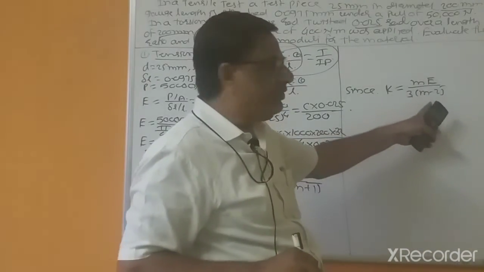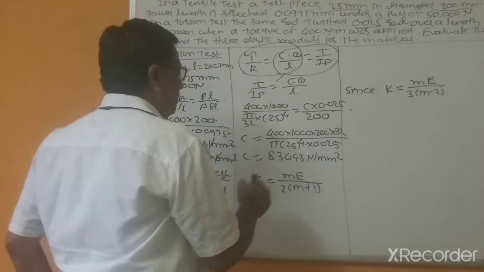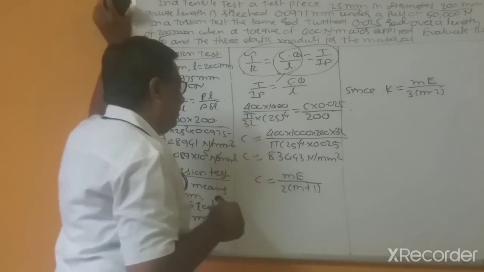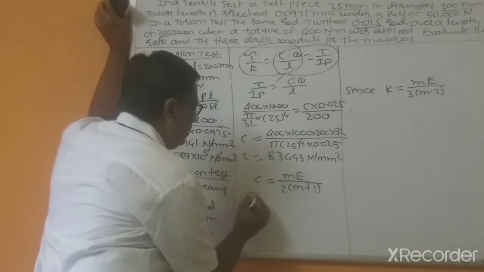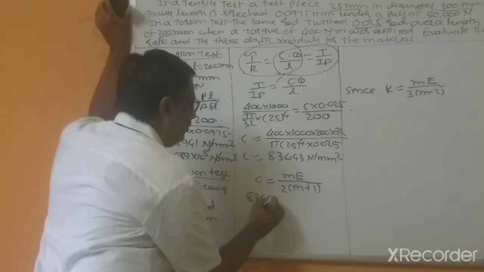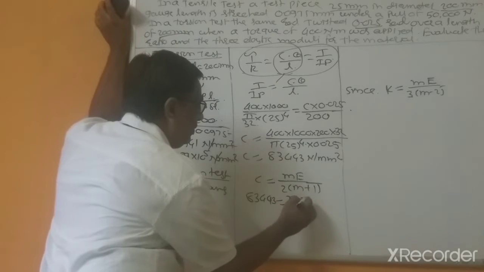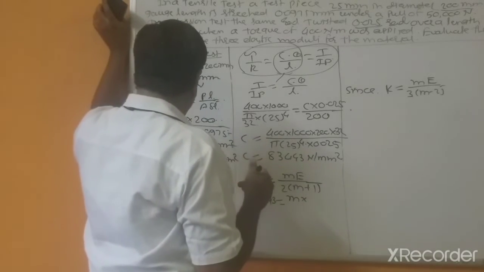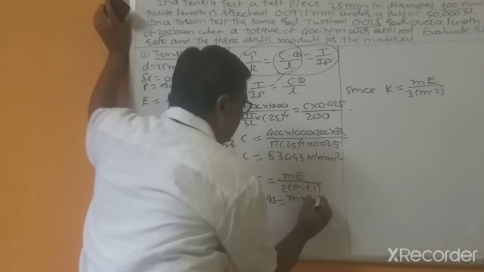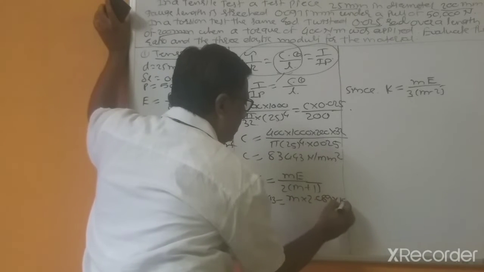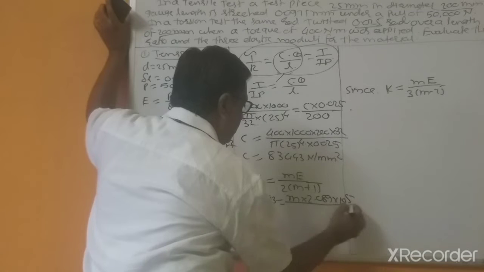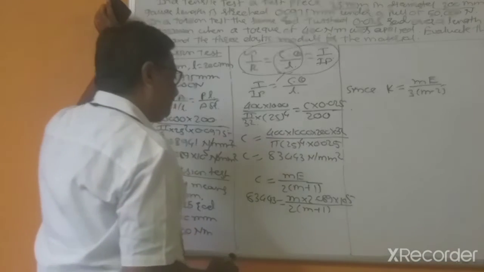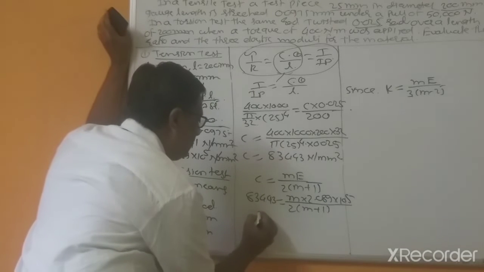So that's why we require the value of m. So this relation means first find out m. So C equal to 83443, E equal to 2.089 times 10 to the power 5 divided by 2(m plus 1).